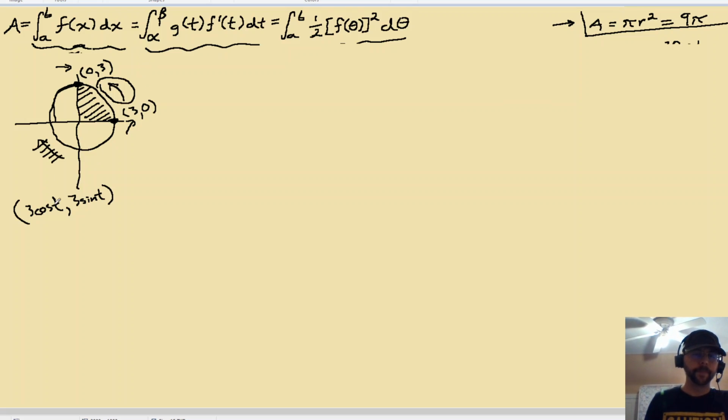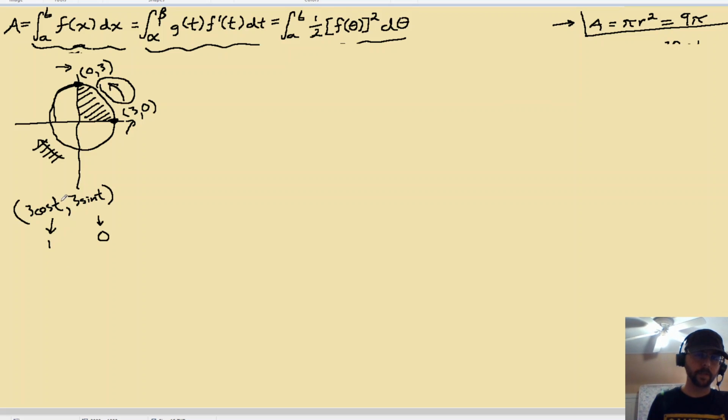So, okay, what t value gives us (3, 0)? In that case, we want cosine of t to equal 1, and we want sine of t to equal 0. And that should be just 0, actually.